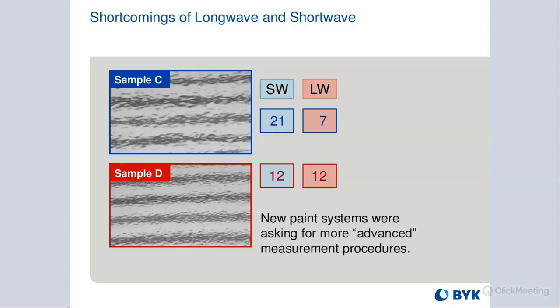The long wave values are 7 for sample C and 12 for sample D. The numbers are still fairly low, but when the short wave is a little bit higher than the long wave, you get a better appearance than in sample D, where you have equal short wave and long wave. You just have a lot of structure, and it doesn't look as good as sample C.